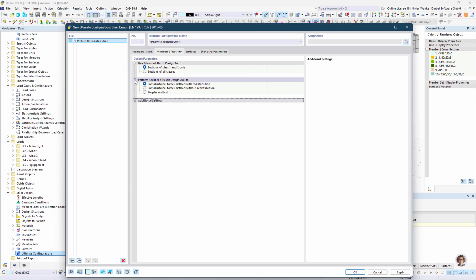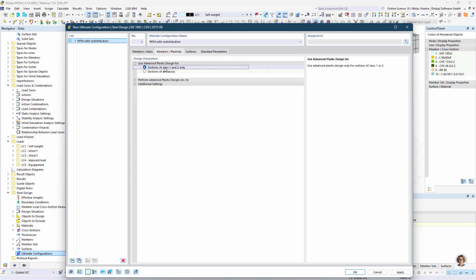First option is that we can decide for which cross-section classes we want to allow the use of the PIFM. Default value is sections of class 1 and 2, and there's a strong recommendation from my side to always let this first option activated and not use the second one.